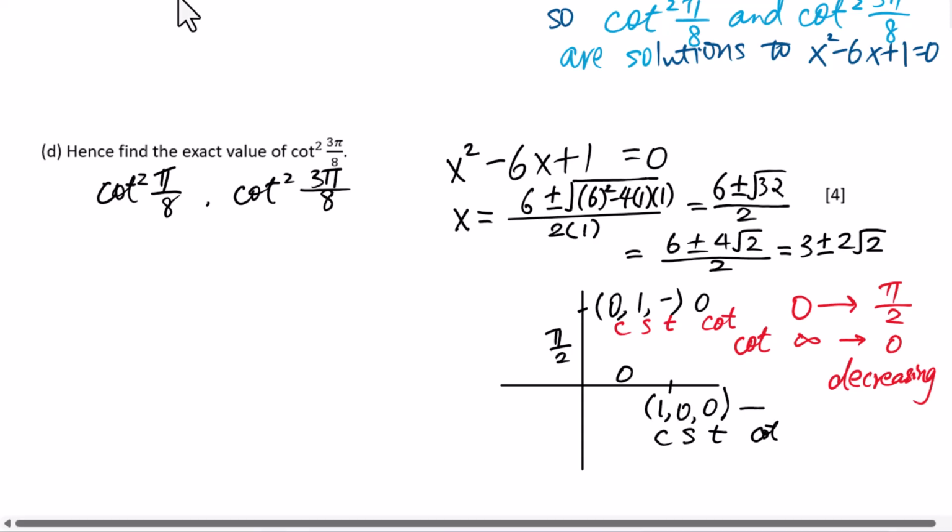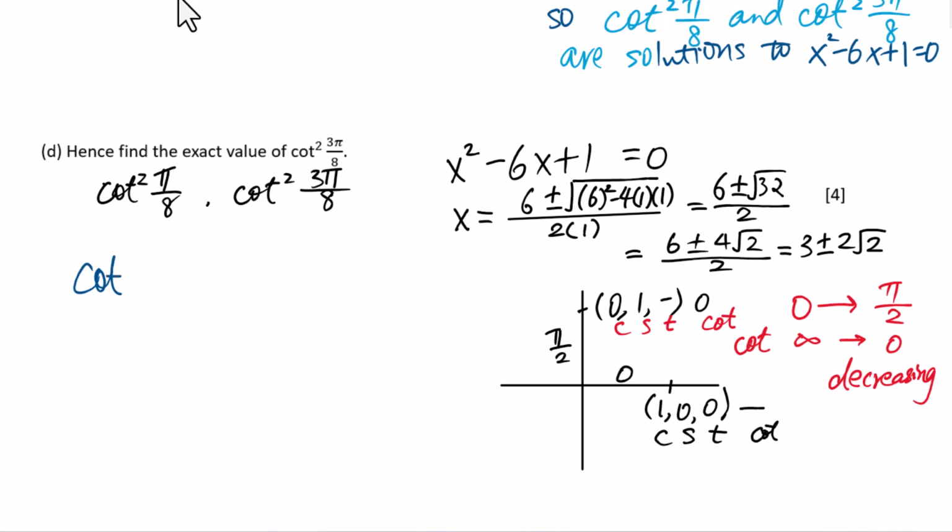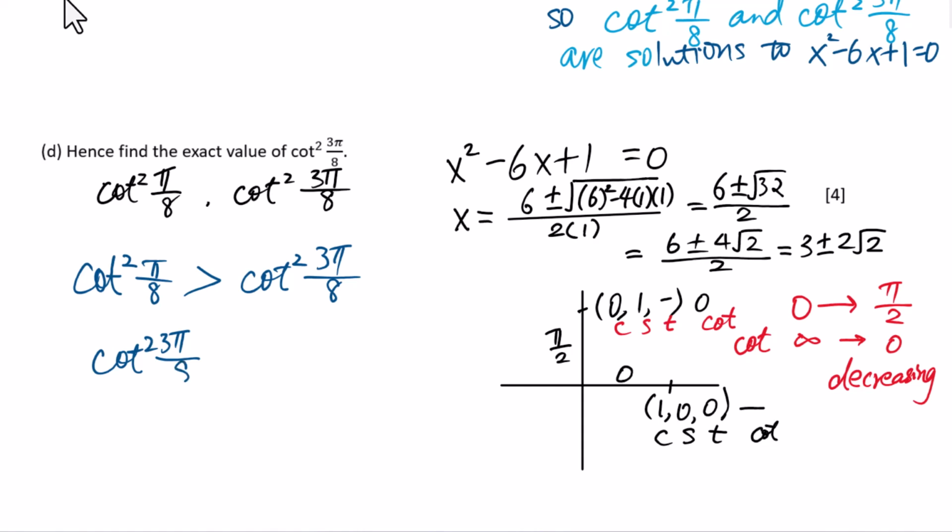In other words, cotangent squared pi over 8 is greater than cotangent squared 3 pi over 8. So cotangent squared 3 pi over 8 equals 3 minus 2 square root of 2.